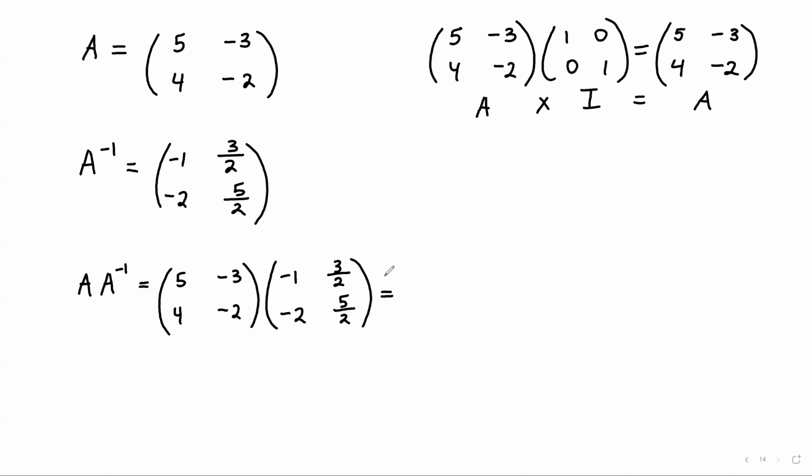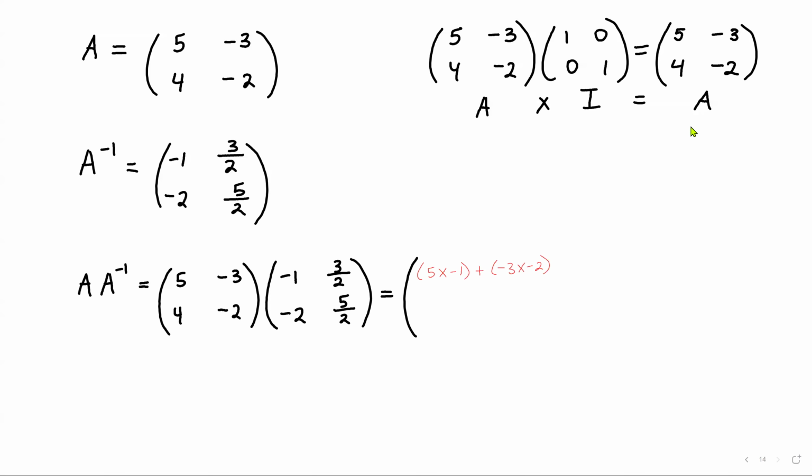Right, so let's do it. So you're going to do row by column. So this would be 5 times -1 plus -3 times -2. That's the first value that would go there.